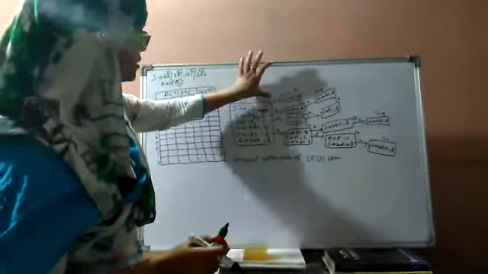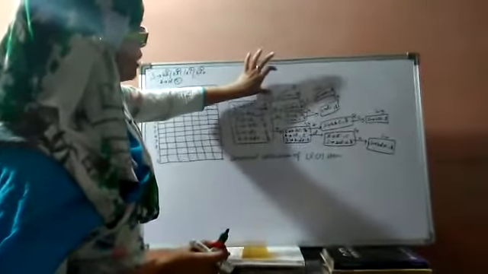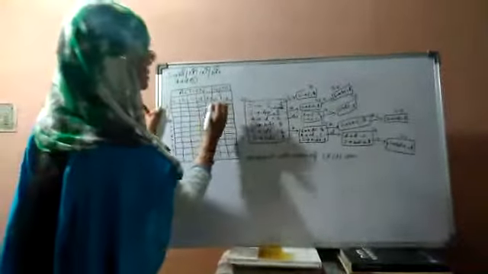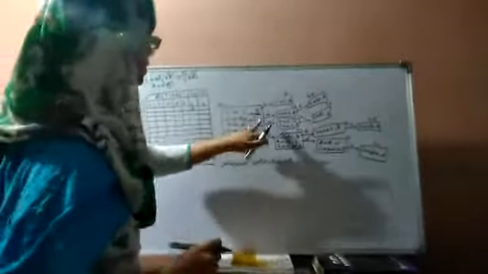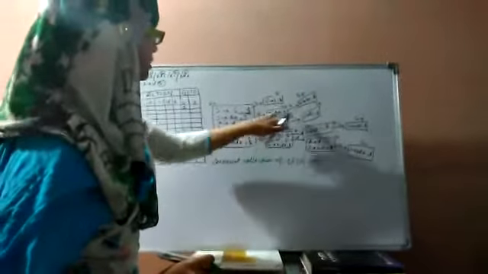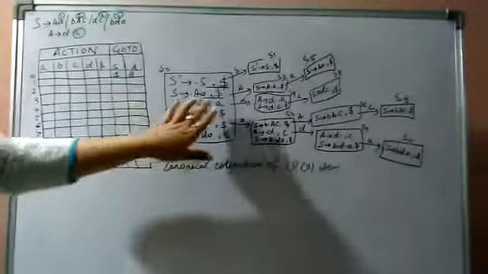We can see that from 0, S, we are going from S to S1, means 0 to S1, and from 0 A to S2, and from 0 D goes to S4, D goes to S.